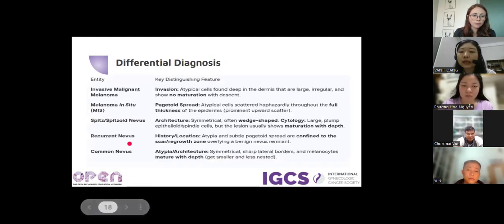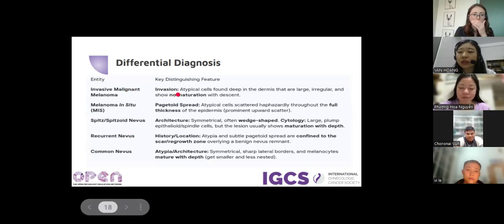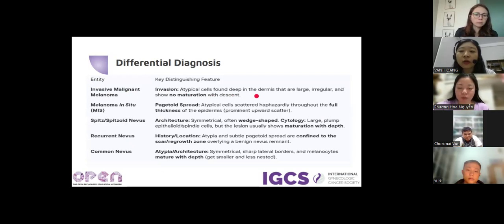This disease has many differential diagnoses. For example, we should differentiate it from invasive malignant melanoma. It has invasion, with atypical cells found in the dermis, which are irregular, and there is no maturation. In melanoma in situ, the atypical cells are scattered throughout the full thickness of the epidermis.